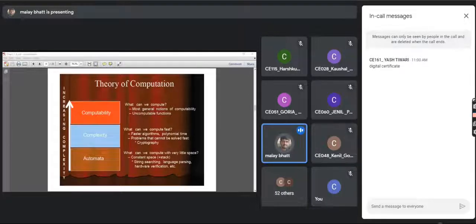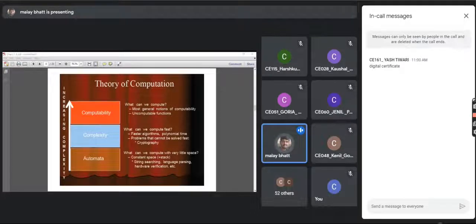It is a small machine which does a very small task, and in which we require very little space, or sometimes we do not require any space at all, and we can solve the task. So basically, automata is a very small computer which we can draw on a piece of paper, and we can solve small problems with the help of it.